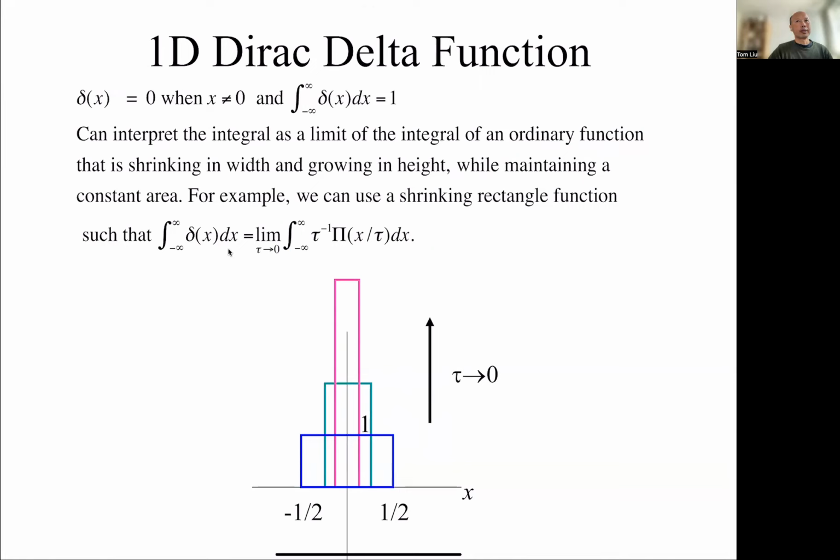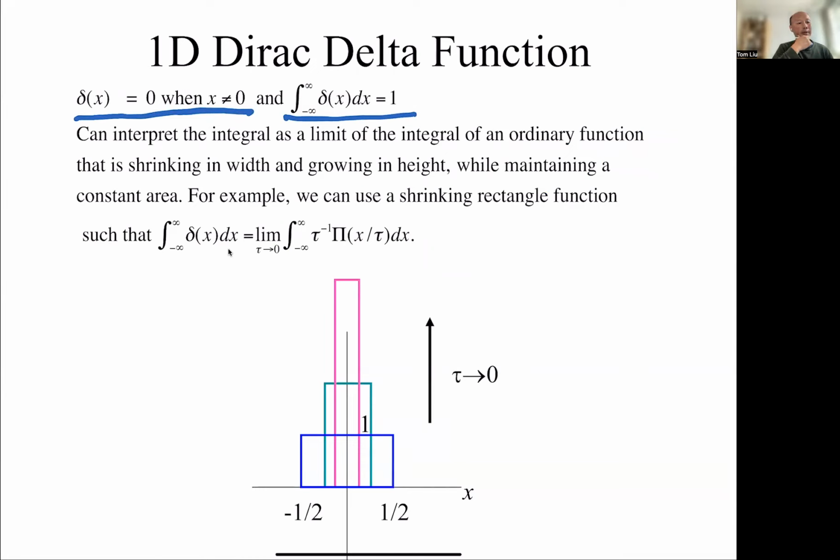The characteristics of the 1D Dirac delta function are as follows. It's equal to 0 when x is not equal to 0. Basically it's 0 everywhere except at x equals 0. But it also has the interesting property that it has an area of 1. So it's like this infinitesimally narrow function that still has an area of 1.